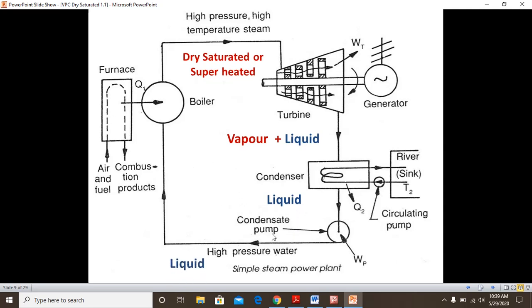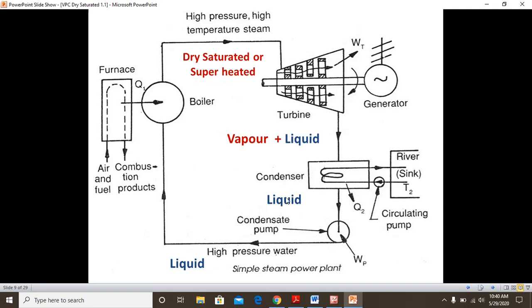Dry saturated steam enters the turbine, expands in the turbine, and is converted into liquid plus vapor. This is so-called wet steam, and then in the condenser it will be turned into the liquid phase. Liquid will be pumped to the boiler. In your home also you will have a pump from the low head to the high head.